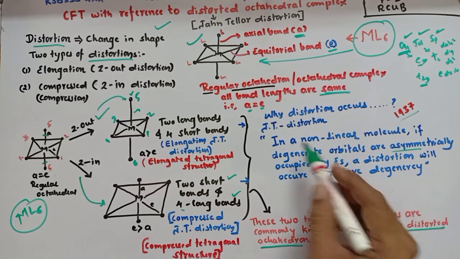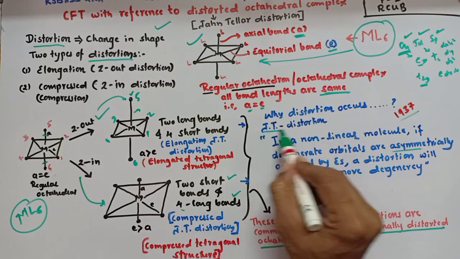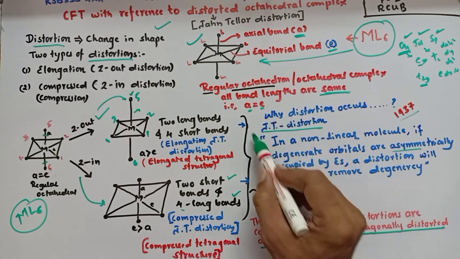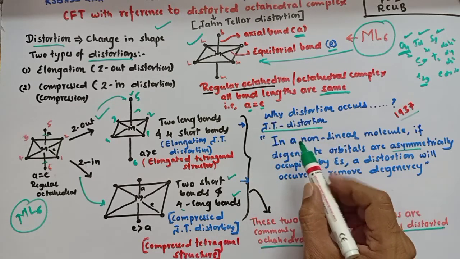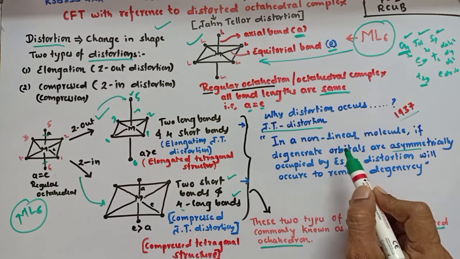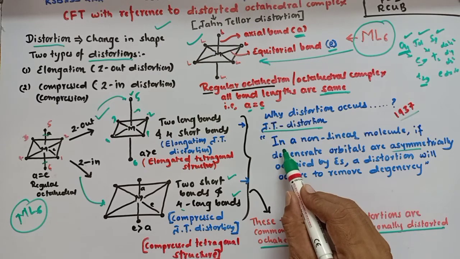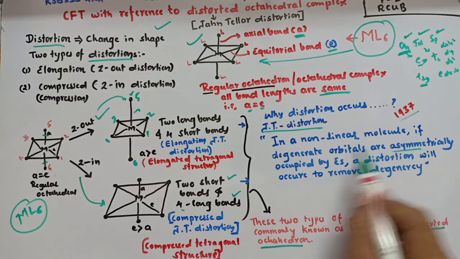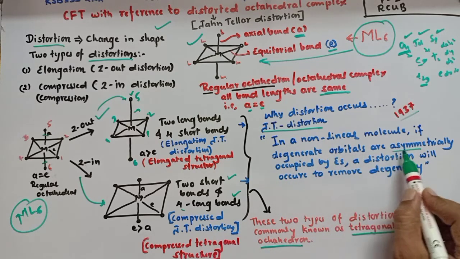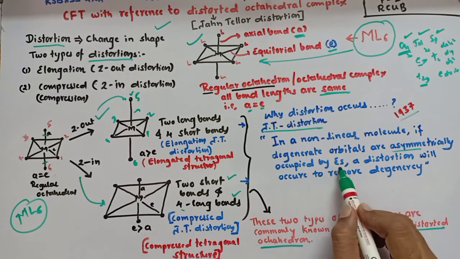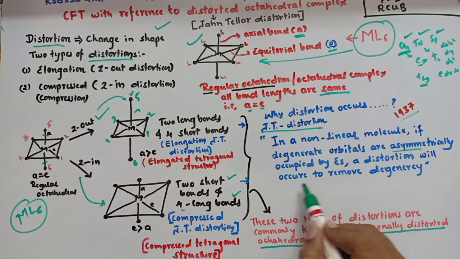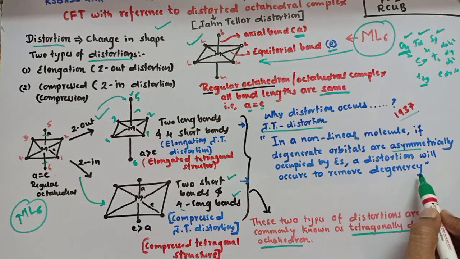That means, according to Jahn-Teller distortion, if they ask you to write the statement of Jahn-Teller distortion or explain it, we have to write: in any nonlinear molecule, if degenerate orbitals are asymmetrically occupied by electrons, a distortion will take place to remove the degeneracy.